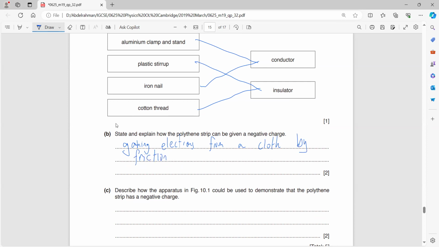You have to say that they will, for example, be rubbed against each other, so there is some friction. And this friction is what causes the transfer of electrons.